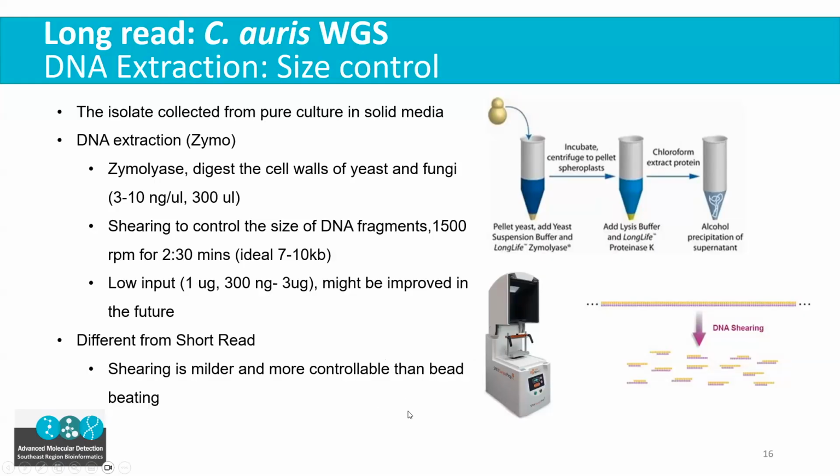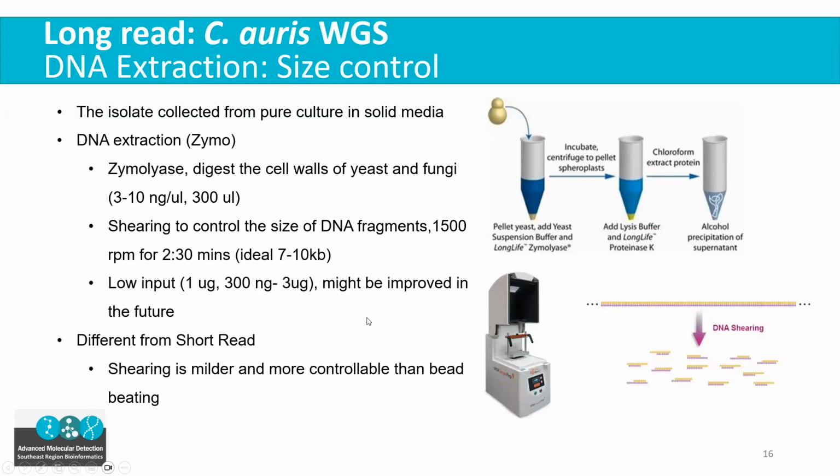Since there's no amplification step during sequencing, the required input DNA for PacBio sequencing is around 1 microgram. This can be challenging because Candida auris DNA extraction efficiency is already low.